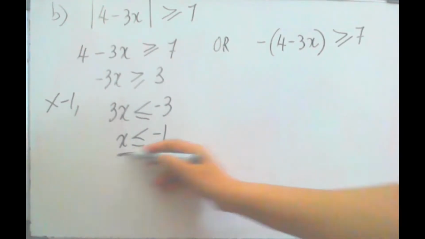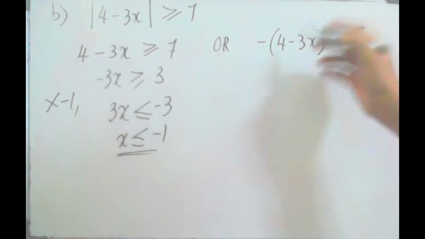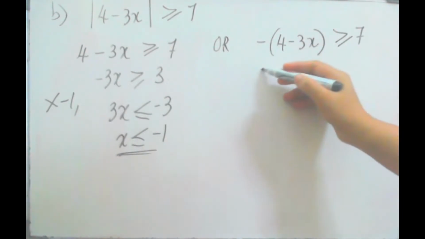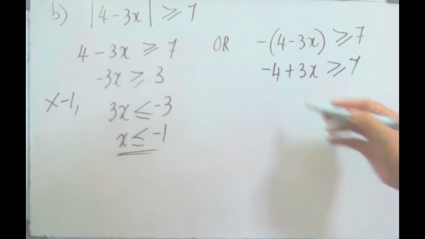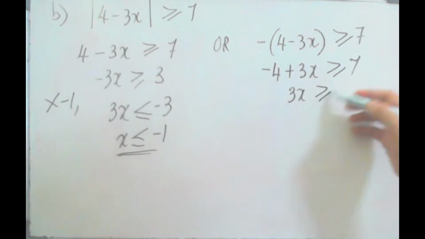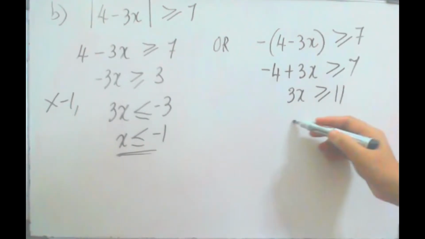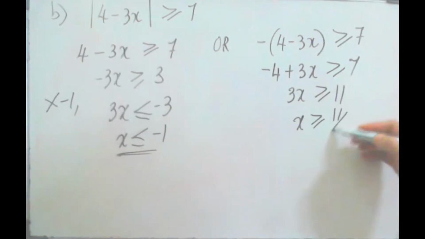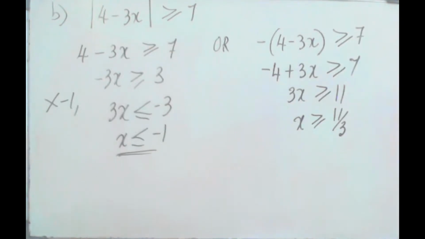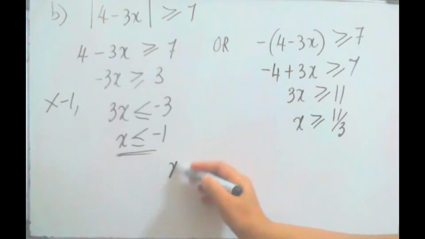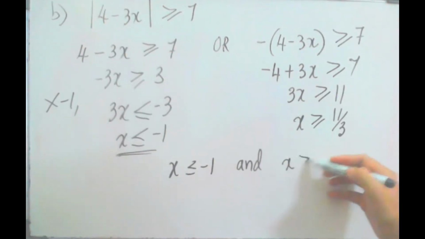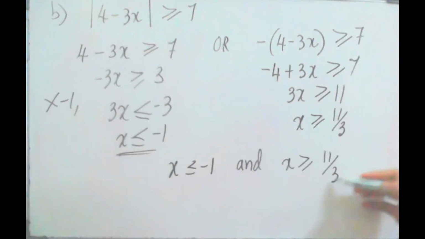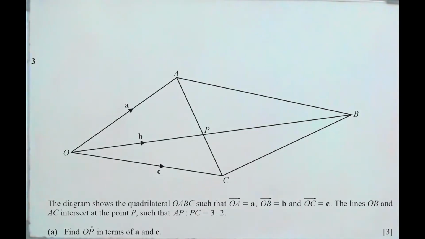So this is one set of values for x. The other set can be minus 4 plus 3x is greater than or equal to 7. 3x is greater than or equal to 7 plus 4, 11. x is greater than or equal to 11 over 3. Okay, so the solution set is x less than or equal to negative 1 over 3 and x greater than or equal to 11 over 3.